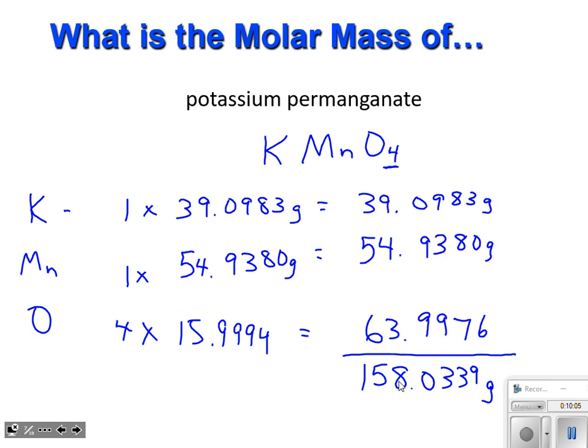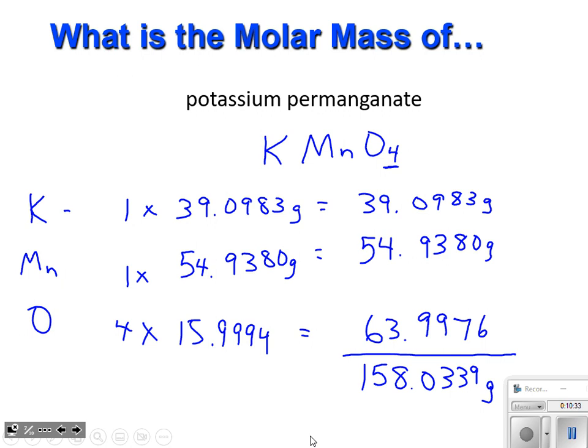So that is telling me that 1 mole of potassium permanganate would weigh 158.0339 grams. Now, could I measure that many grams out? Yep, so I could measure out 1 mole of potassium permanganate.